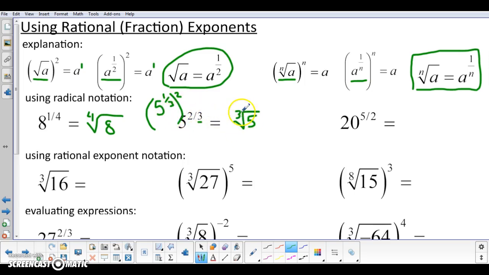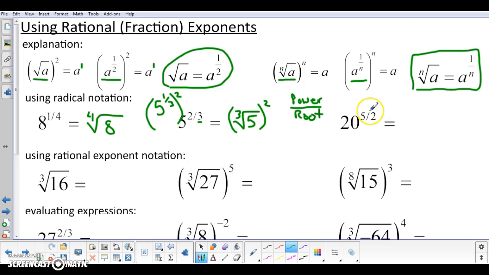So that must mean I take the cube root of 5 and square it. I've got 2 of those cube roots of 5 being multiplied together. So what happens is the numerator tells me the power to which I'm going to raise that expression. The denominator is telling me which root I'm taking first. So power over root.